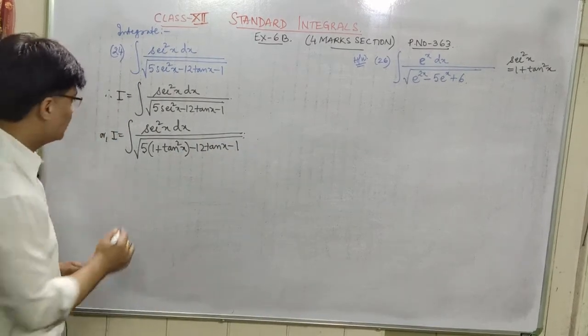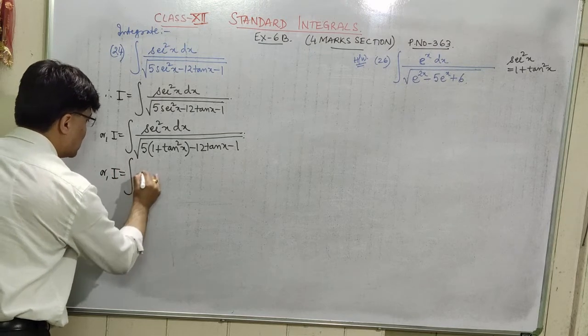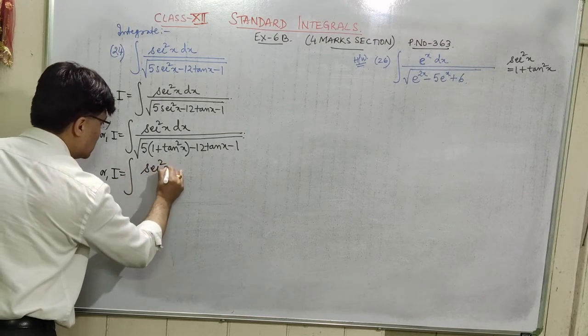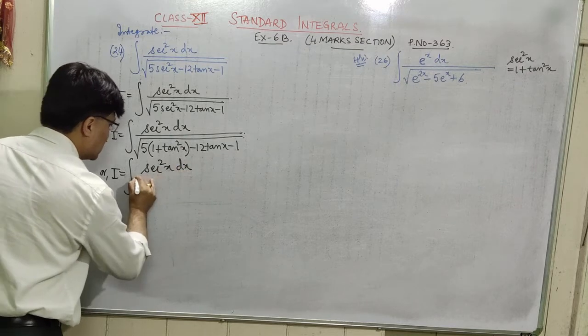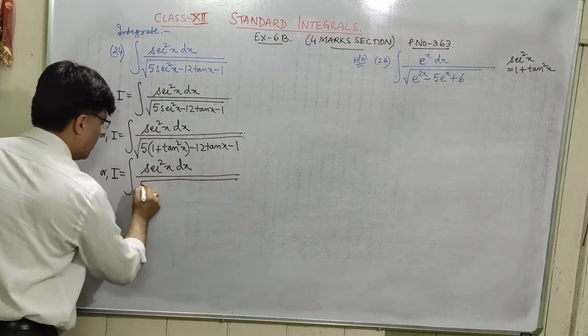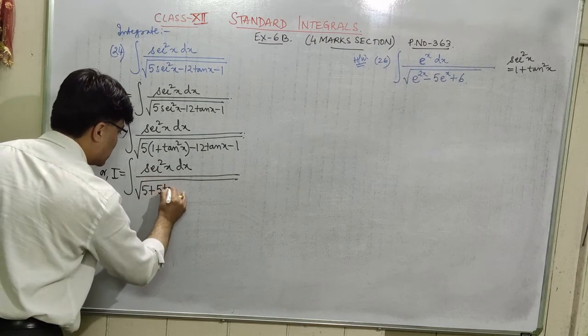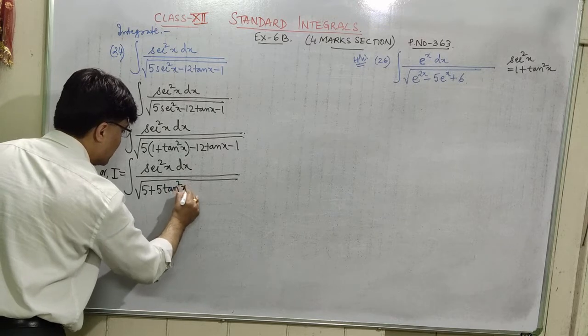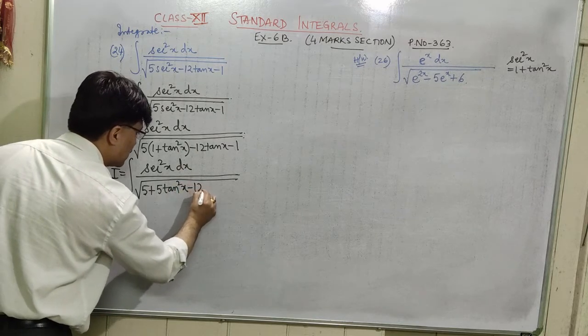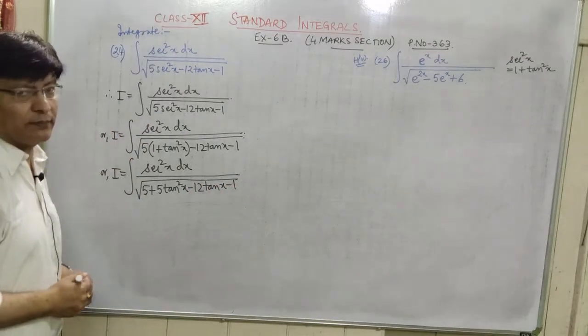Is that clear? So I is equal to the integration of sec square x dx divided by the square root of 5 ones are 5 plus 5 tan square x minus 12 tan x, then minus 1.